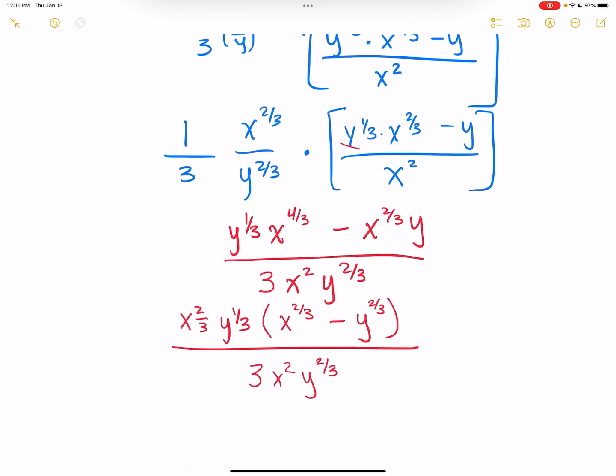Then you can move this stuff to the bottom by subtracting it.